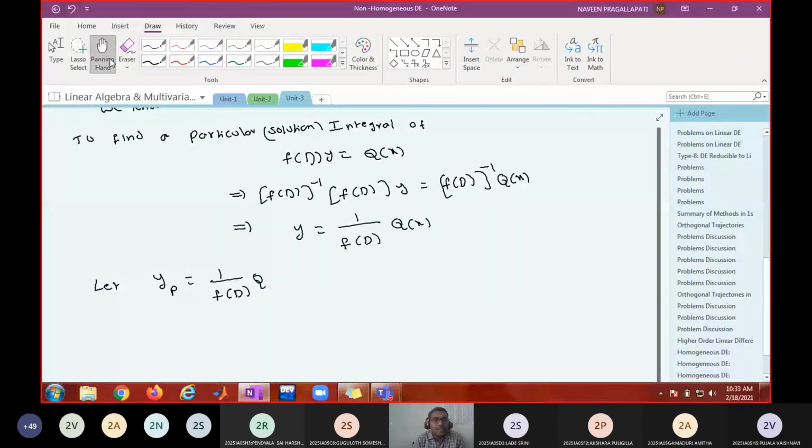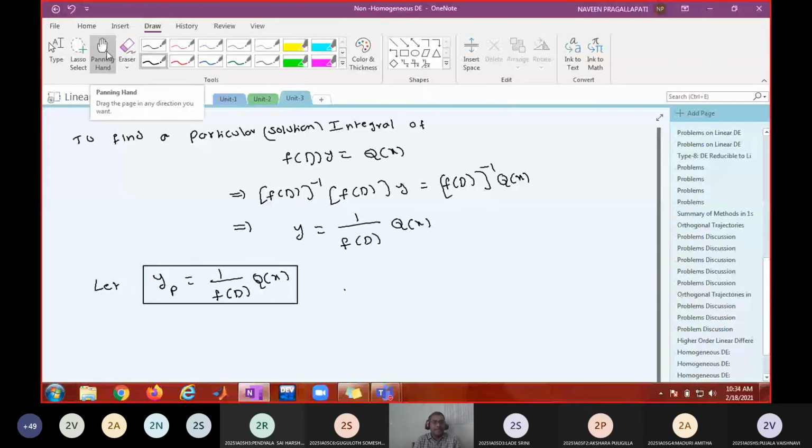So when you solve this, you will get several solutions. In that you pick up one solution that is denoted with yp, the particular integral or particular solution of the differential equation. Now the problem is how to find this particular integral. If Q of x is in some standard form, or if f of D is in some standard form, there are specific methods of finding the particular integral.